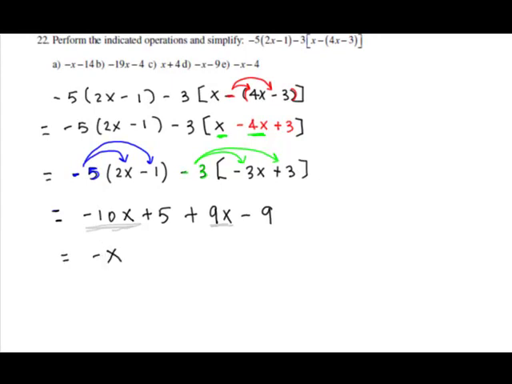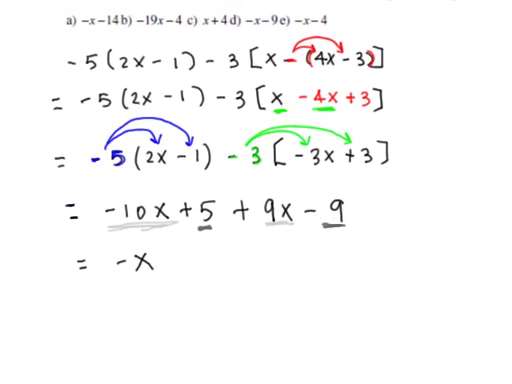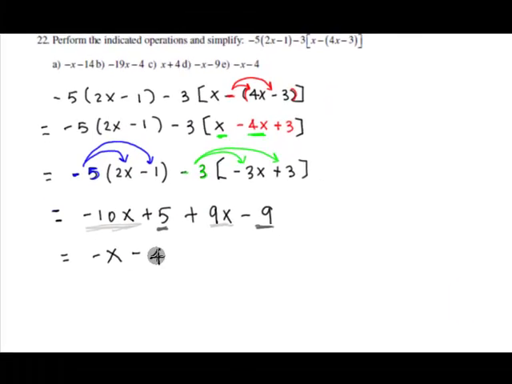Now positive 5 and negative 9 are another pair of like terms. We call them constant terms. So 5 combined with negative 9 is going to give us negative 4. So my final answer is negative x minus 4.